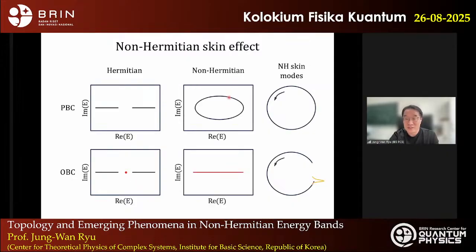In the non-Hermitian skin effect, we don't think about the eigenstates, just the eigenvalue. There is a point gap. If we think about the real energy at this point, there are 2 states. This state has a large imaginary part of the energy. This state has a small imaginary part of energy. This imaginary part represents the lifetime of the states.